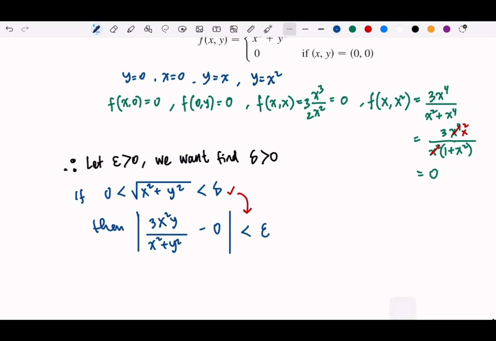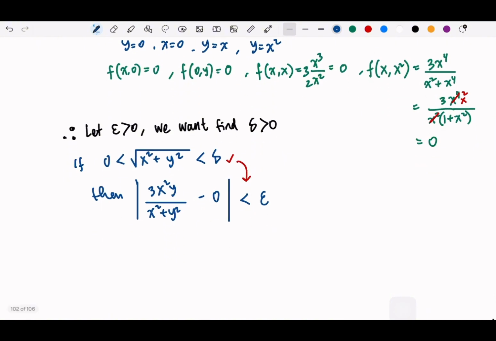And we also know that since the y squared is positive, we can write that x squared is always less or equal to x squared plus y squared, because y squared is positive.